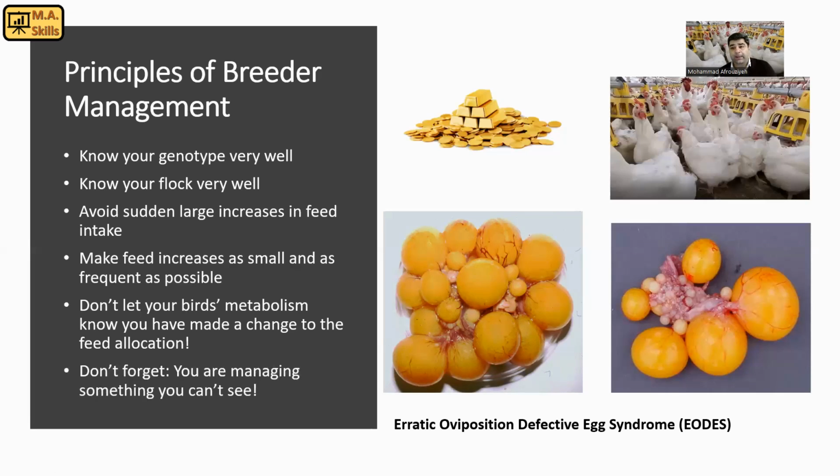It means that if you don't manage your birds very well, they're going to end up with this ovary, so they won't have regular ovulation, oviposition, or laying. Their laying sequences will not be regular. Their peak production will be low, really low.